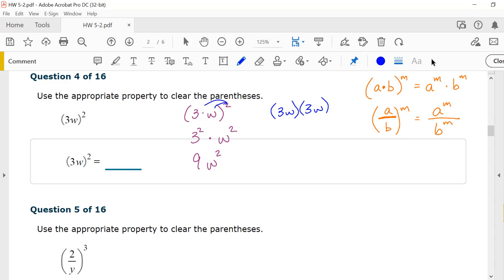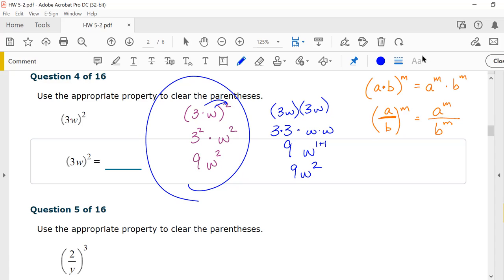That's what 3w quantity squared means. Now I can use the associative and commutative properties, and that's 3 times 3 times w times w. Well, that's going to be 9 w to the 1 plus 1, so 9w squared. I think this way is quicker and easier.